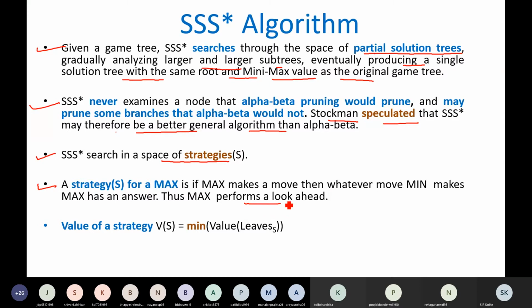That will give an idea how to define the strategy in this SSS star algorithm, which is the heart of this algorithm. Strategy or solution tree: a strategy S for max is, if max makes a particular move, whatever move min will make, max will have an answer. Okay, that's how max will perform a look ahead.